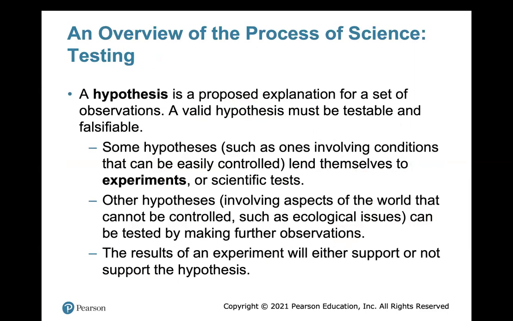Some hypotheses, such as the ones involving conditions that can be easily controlled, lend themselves to experiments or scientific tests, whereas other hypotheses involving aspects of the world that cannot be controlled, like ecological issues, can be tested by making further observations. And the results of an experiment will either support or not support that hypothesis.